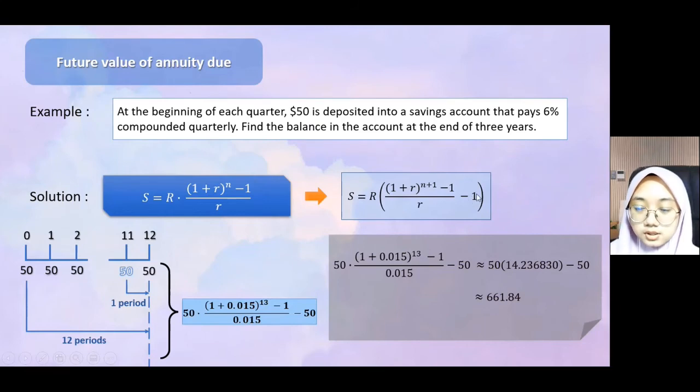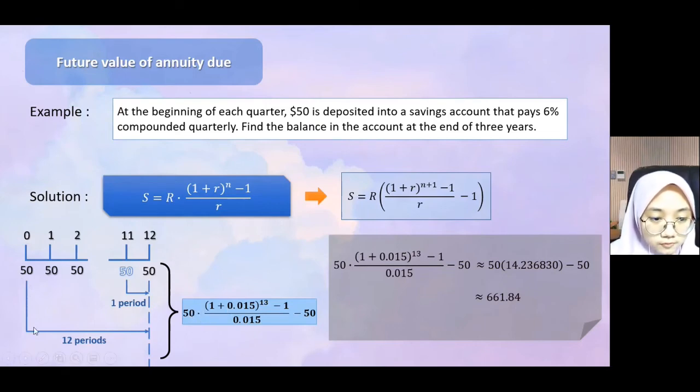So yes, that's why there is subtraction in the formula of the annuity due case. As you can see in the figure below, the savings are deposited at the beginning of every period of time, and then we just have to substitute it.